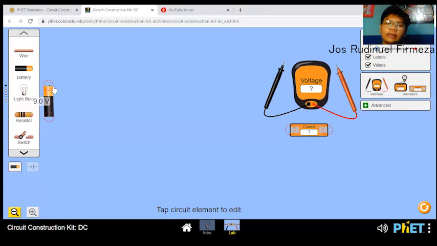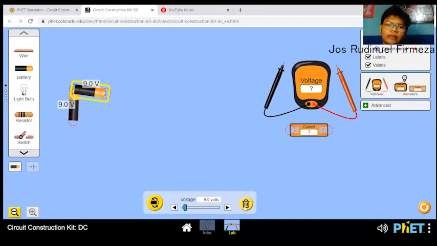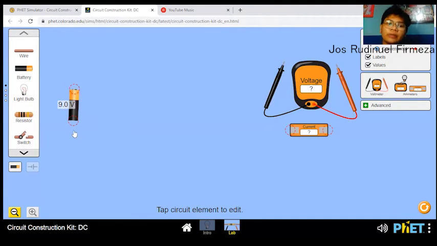Take note that the battery cannot be stretched, but it can be attached to another battery. But for now, let me delete one battery because we will be using only one battery for this activity.